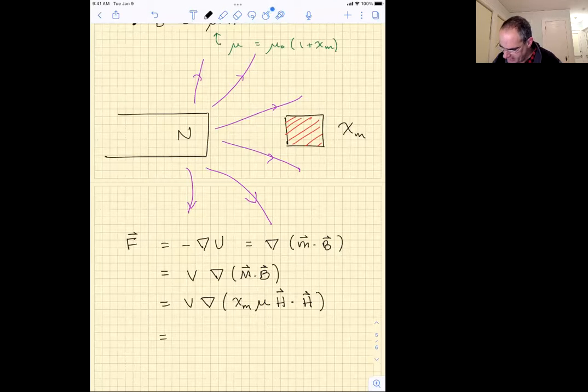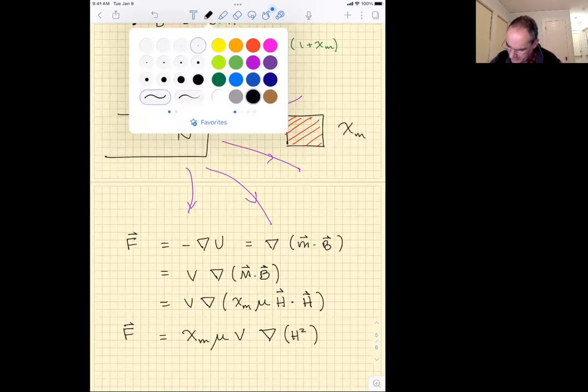So this works out to be the susceptibility times permeability times volume times the gradient of H dot H, which is just the magnitude of H squared. There we go.